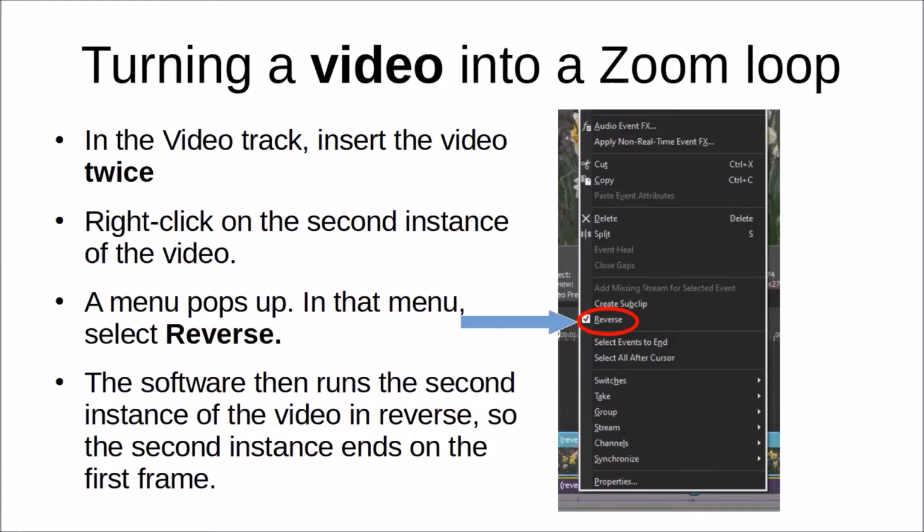So when the initial scene ends at C, the reverse scene starts at C and works backwards to A. And there are some types of motion, notably flowers in the breeze, where you can't tell the difference between it's blowing forwards and it's blowing backwards. So it looks like it's just a continuous loop as a Zoom background.